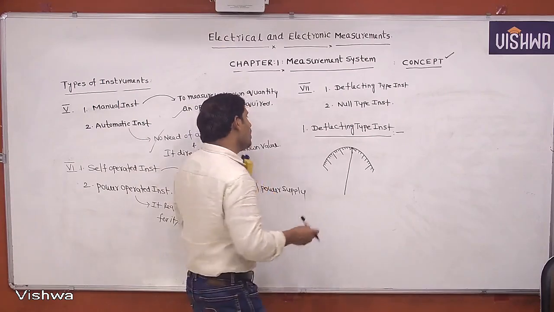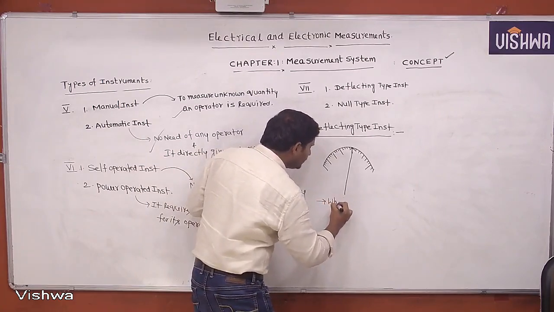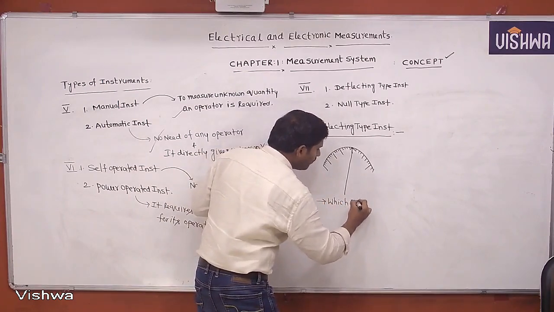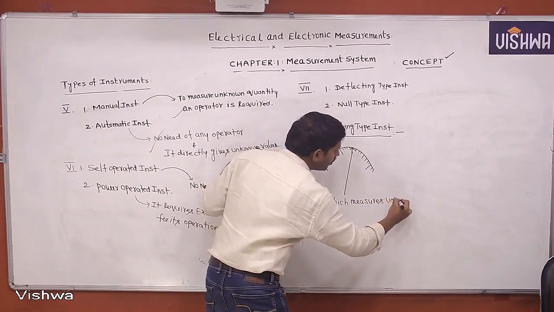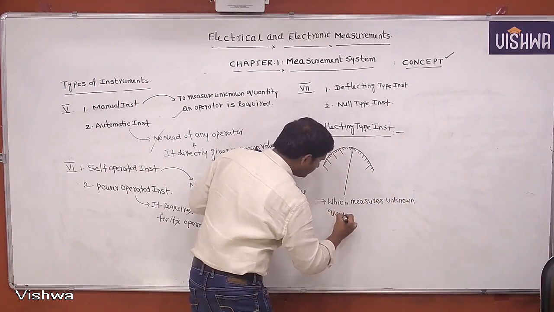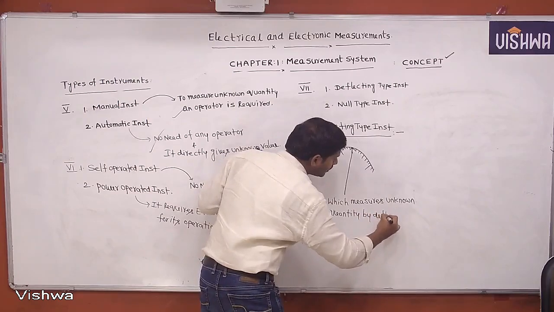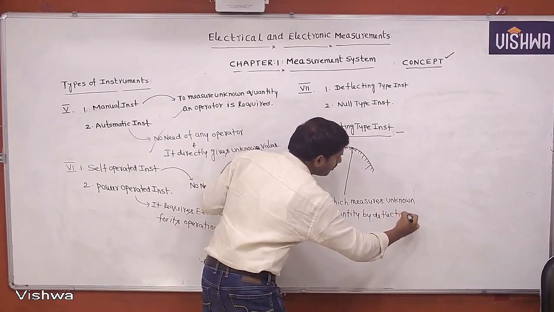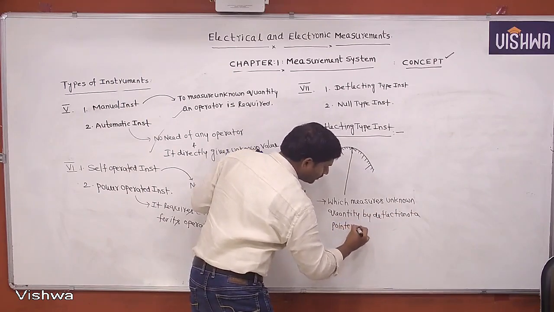That means a deflecting type instrument measures the unknown quantity, note this down, by deflection of a pointer away from zero.